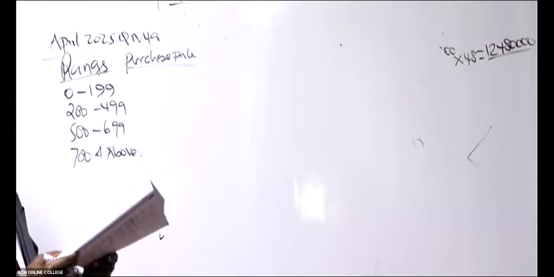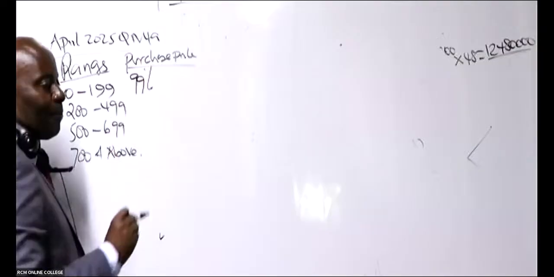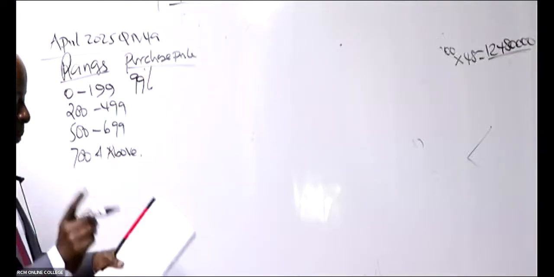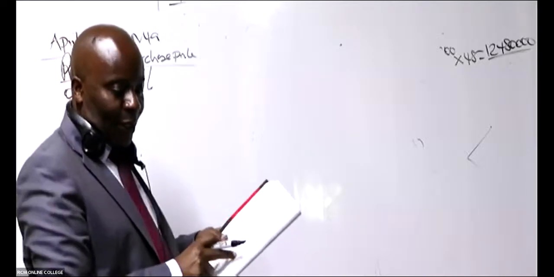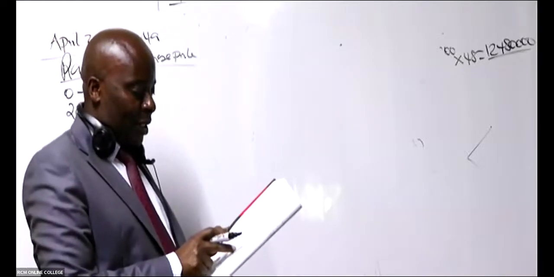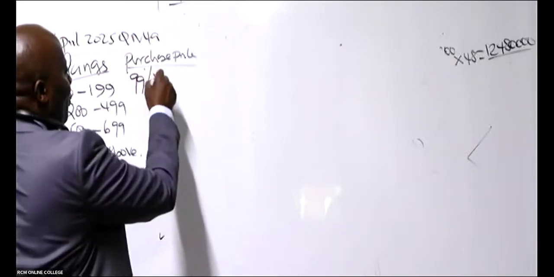So in that case, we shall be procuring these goods at what percentage? 99. So 99%. The very original purchase price, I see it there as 15. So 99 times 15.